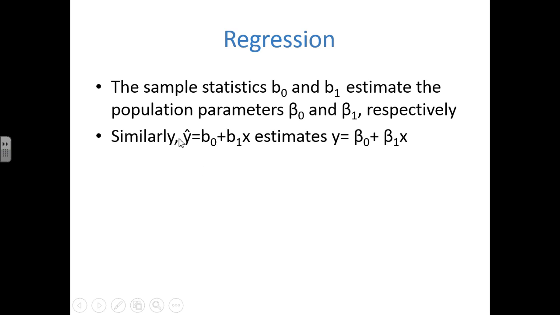Similarly, y hat equals b sub 0 plus b1 x estimates y equals beta0 plus beta1 x. This y hat is from our sample statistics, and beta0 and beta1 are our population parameters. This is what is in actuality, and this is what we're seeing from our sample.